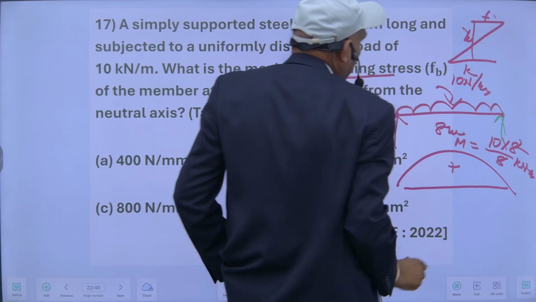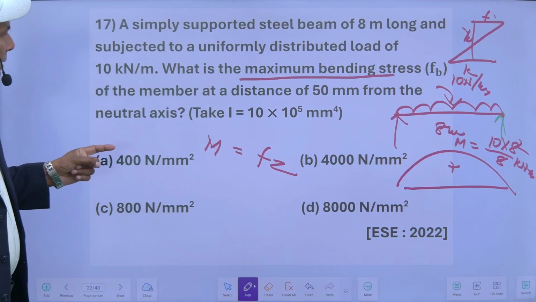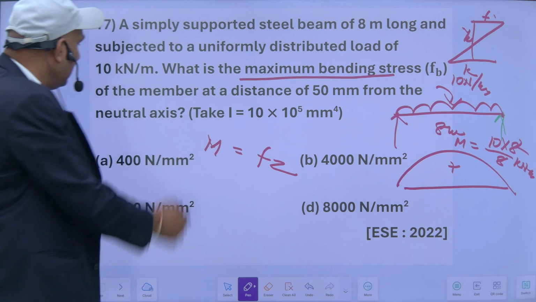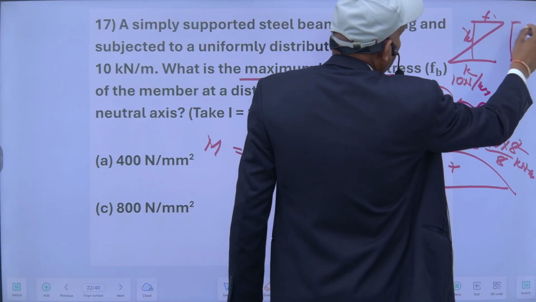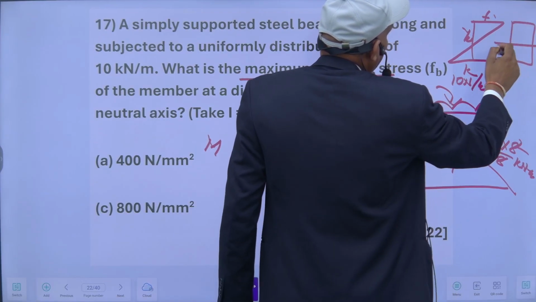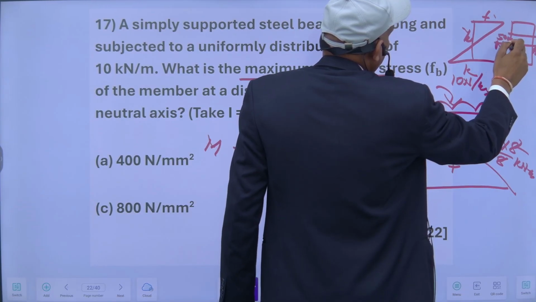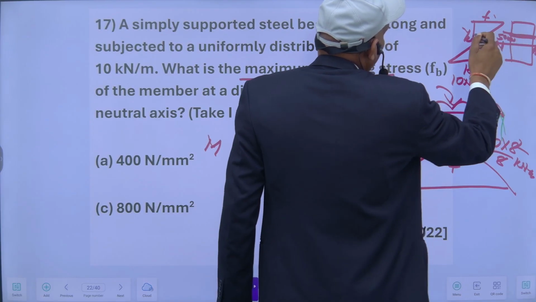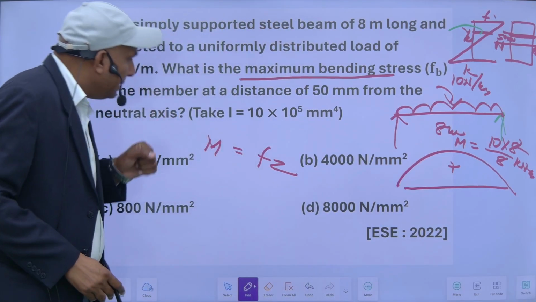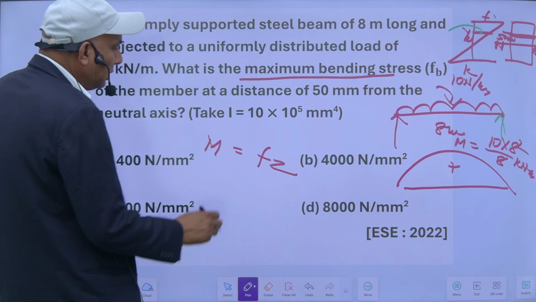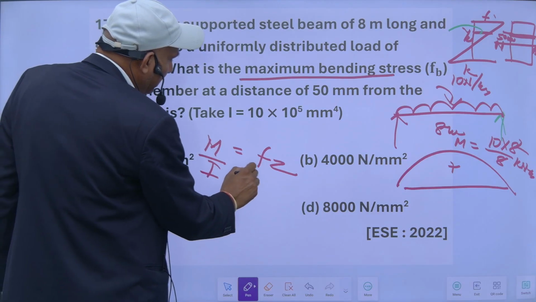This will give, but I have to find the bending stress at 50 mm from the neutral axis. 50 mm from the neutral axis means if this is a rectangular beam, this is the neutral axis, so it will be 50 mm from here. So at this level, what will be the bending stress? This will be M upon I is equal to f upon y.